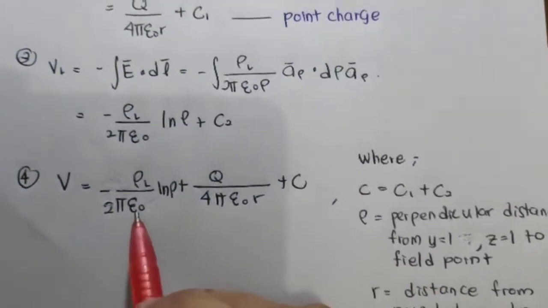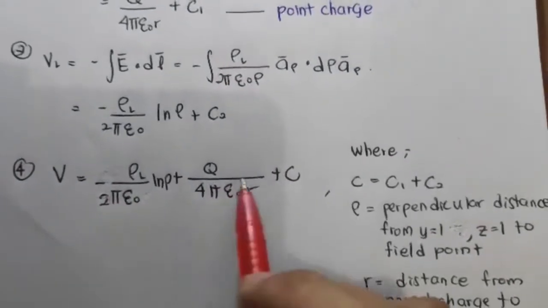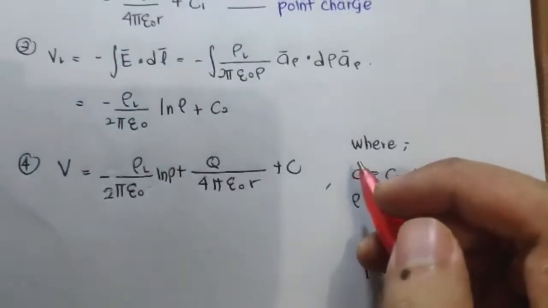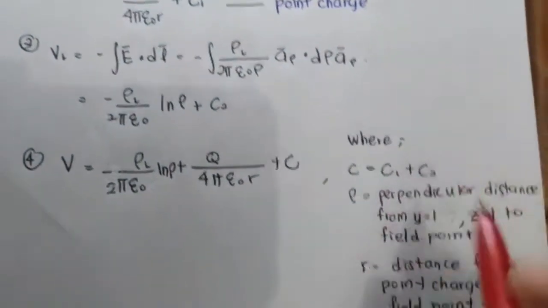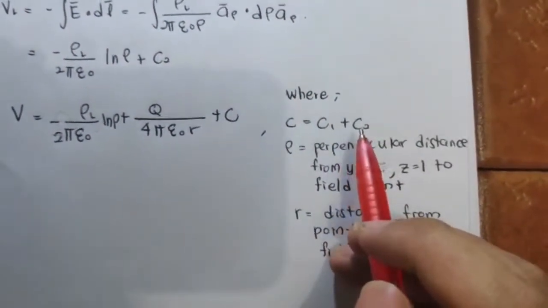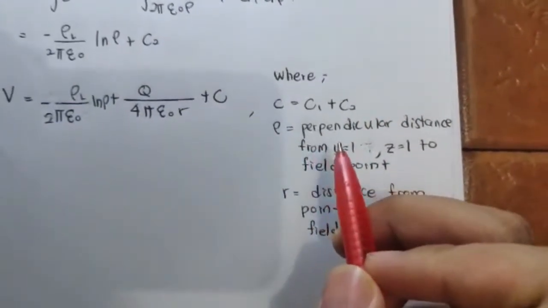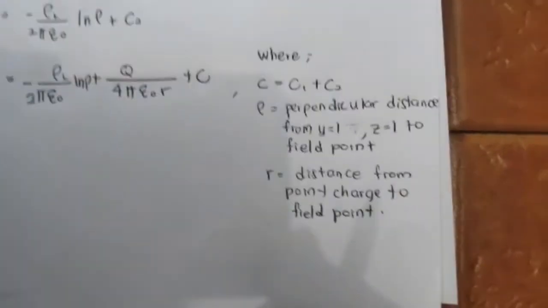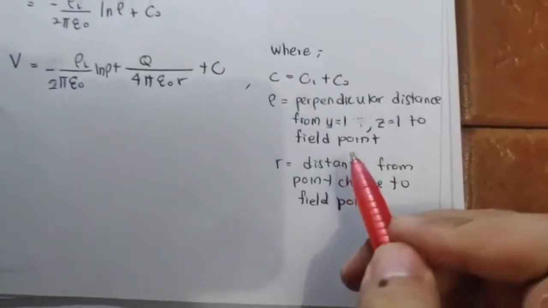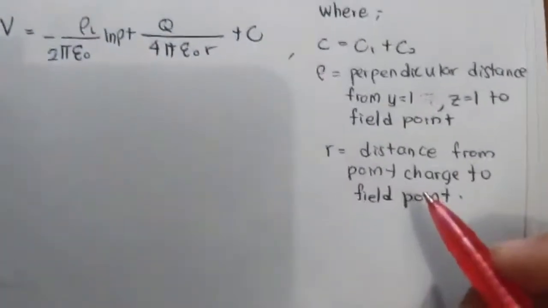So V equals negative rho L over 2 pi epsilon naught ln rho plus Q over 4 pi epsilon naught R plus C, where C equals C1 plus C2 is a constant, rho is the perpendicular distance from the line y equals 1 and z equals 1 to the field point, and R is the distance from the point charge to the field point.